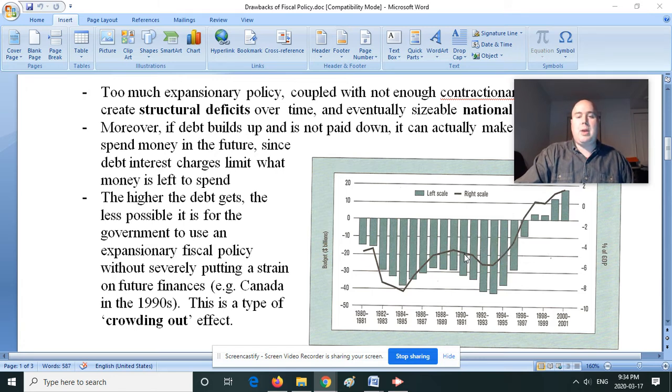What ended up happening, in the early 90s, is that the debt was building up so much that each year almost 10% of your GDP was deficit, where the government wasn't paying what it needed to. Eventually, it became a problem. People were telling the Canadian government that you have to pay a certain amount of interest on your debt.